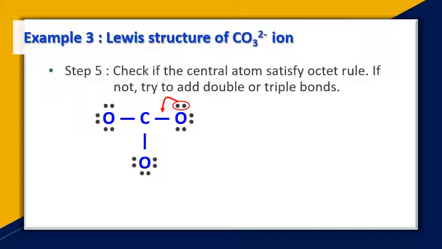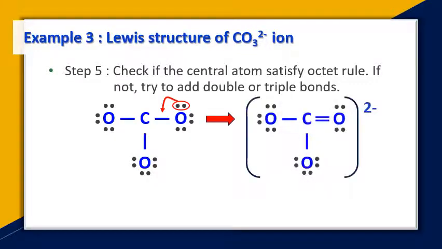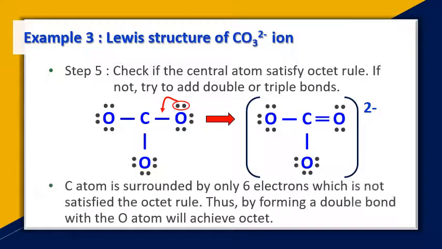So one of the lone pairs from the oxygen atom can be shared between the carbon and the oxygen to produce a double bond. So now all the atoms in the ion have achieved octet configuration.